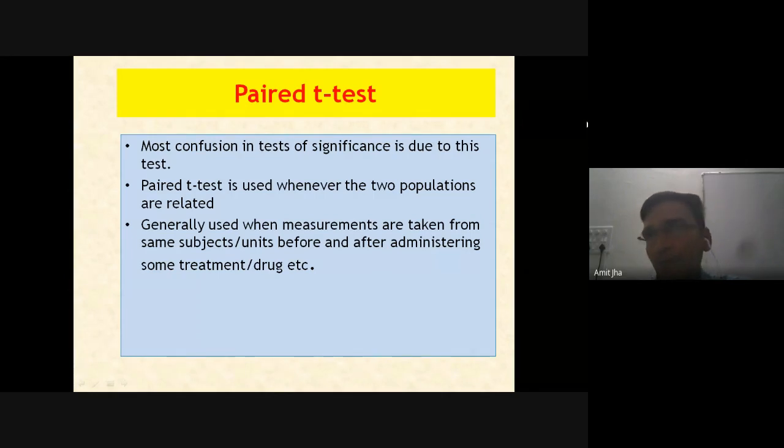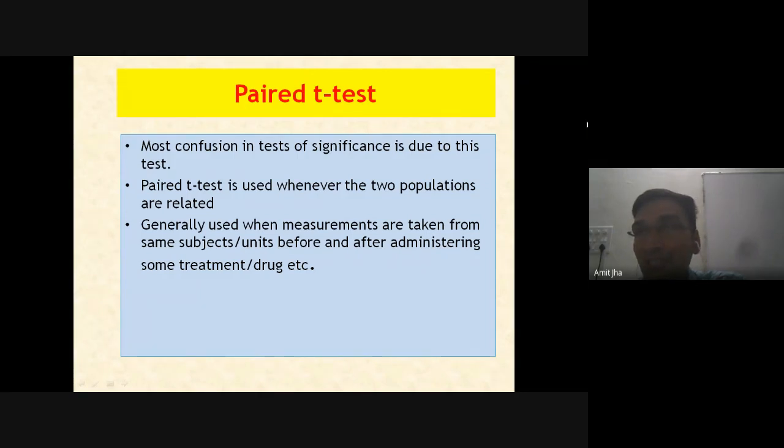There may be some other examples also. For example, if you have to find out serum glucose or some other blood or serum parameters, there may be two different methods of finding them.